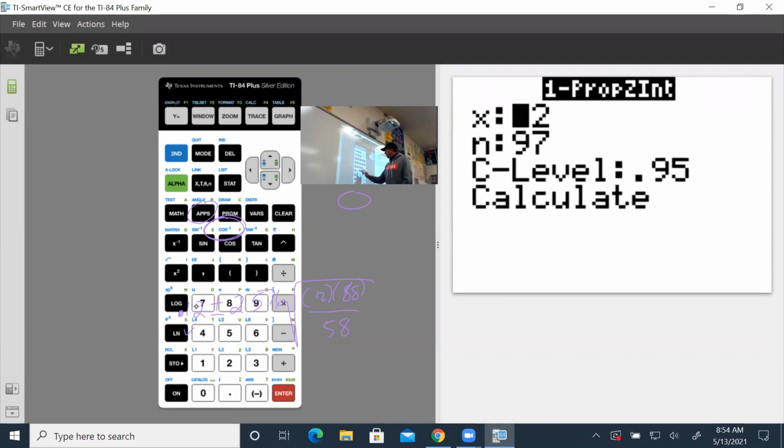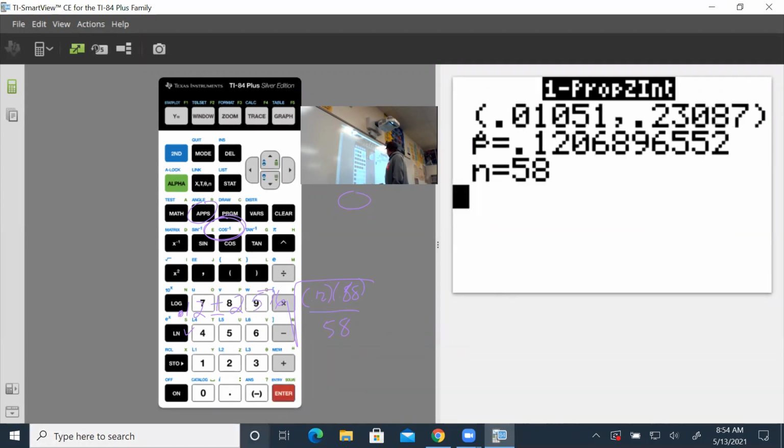It was 7 of 58 at 99% confident. Okay. And it looks like it's between 1 and 23%. Wow. That is really a wide interval. Between 1% and 23%.